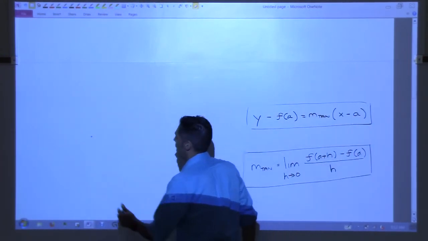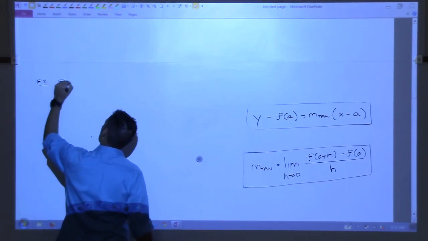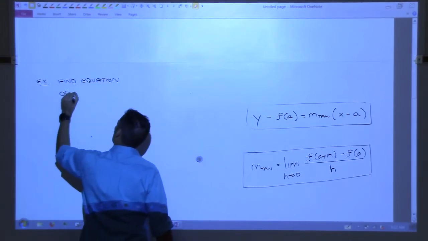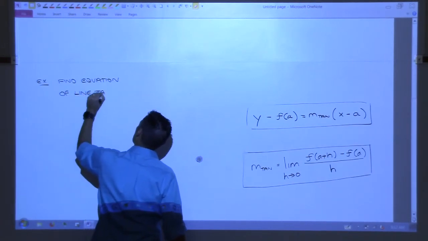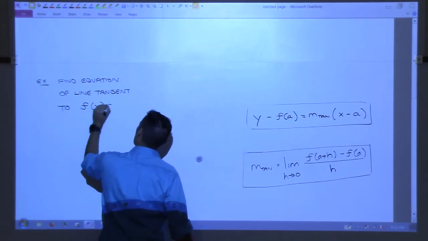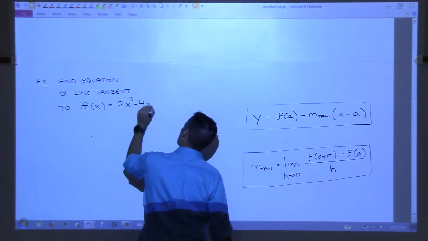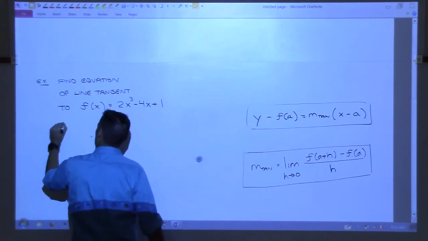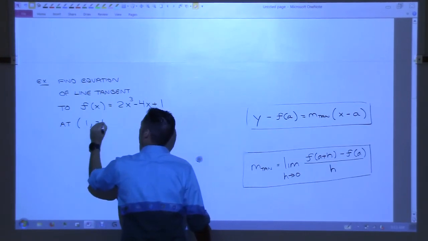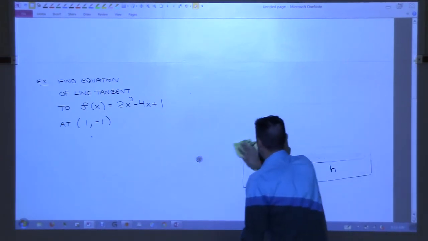Example: find the equation of the line tangent to f(x) equals 2x cubed minus 4x plus 1 at the point (1, -1).